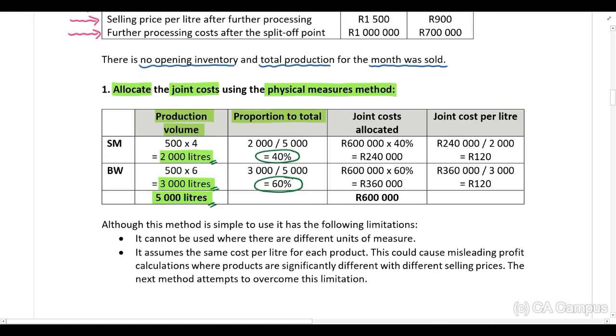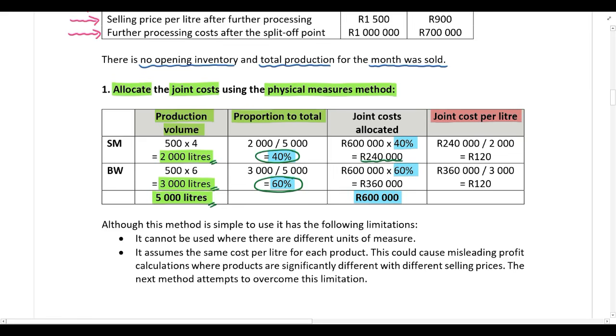So using the physical measures method, we allocate the joint costs in proportion to production volumes. So we take the joint cost of 600,000 Rand, and 40% is allocated to SM, and 60% is allocated to BW. You can then calculate the joint cost per litre. That's a very simple calculation.